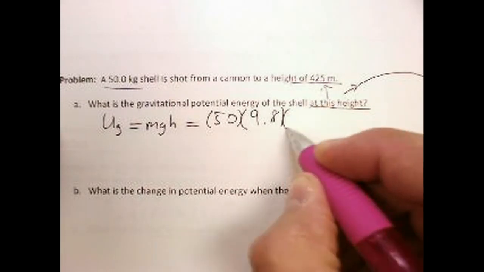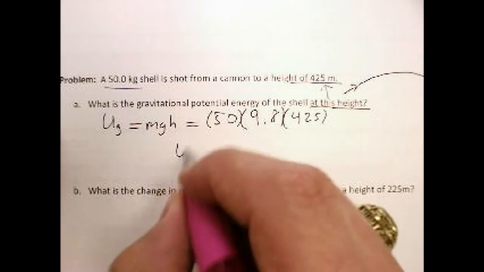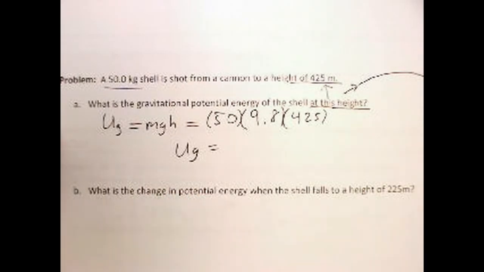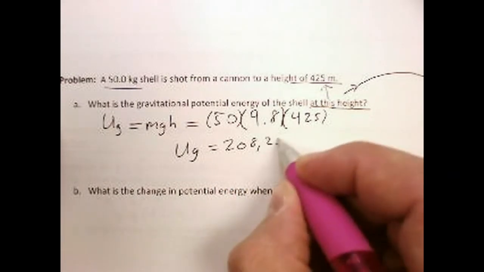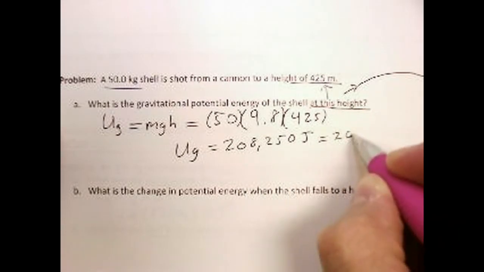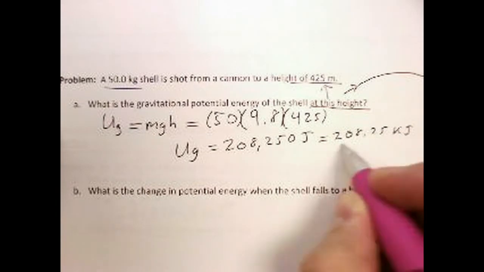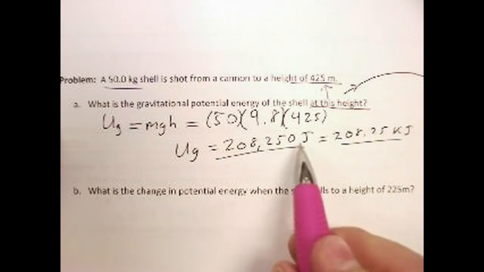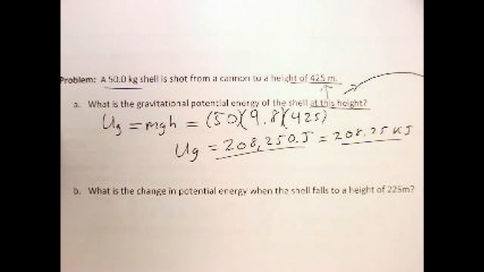And the height at this point is 425 meters. Pretty simple. 50 times 9.8 times 425, and you should come out with 208,250 joules, which is also equal to 208.25 kilojoules. Both of those are correct. Once again, decimal places here, 1, 2, 3 to the left to go to kilojoules.